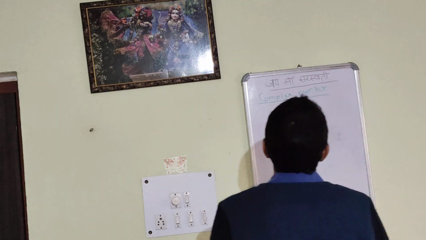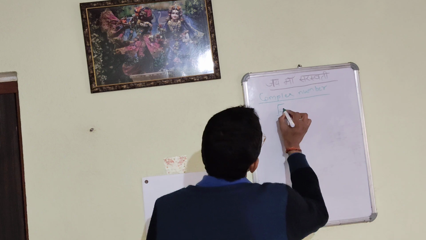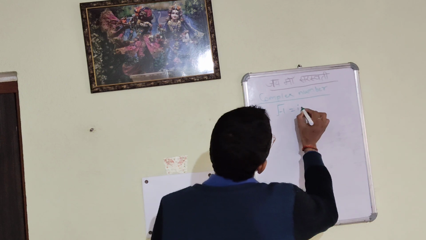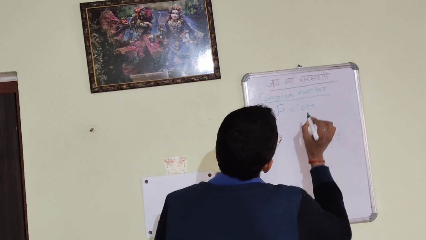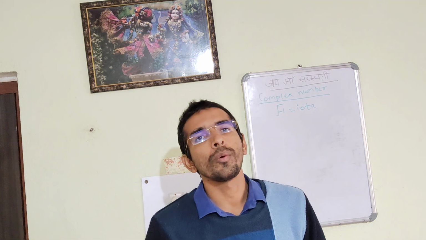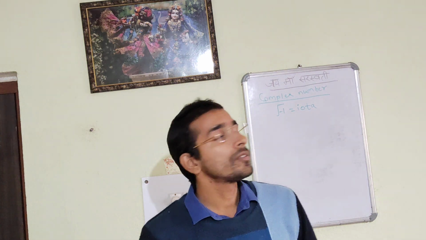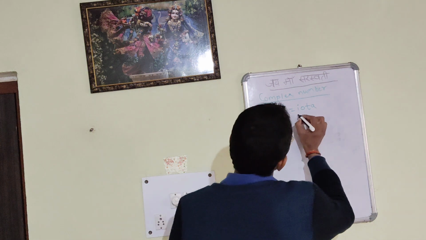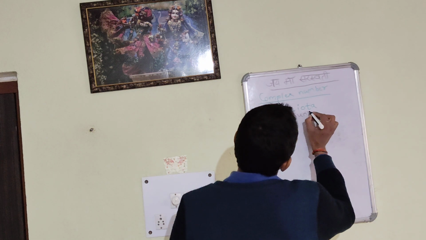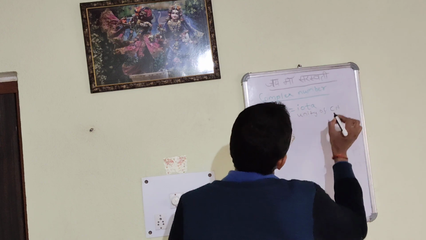First and foremost, we saw iota, that is, under root minus 1, denoted as iota, which is the basic foundation of the complex number. It is known as the unit entity, the unity of the complex number.